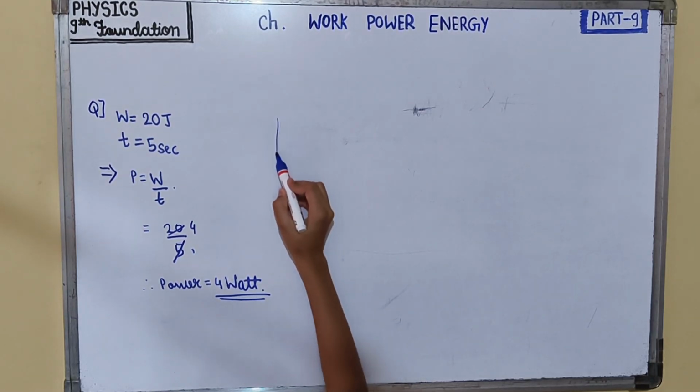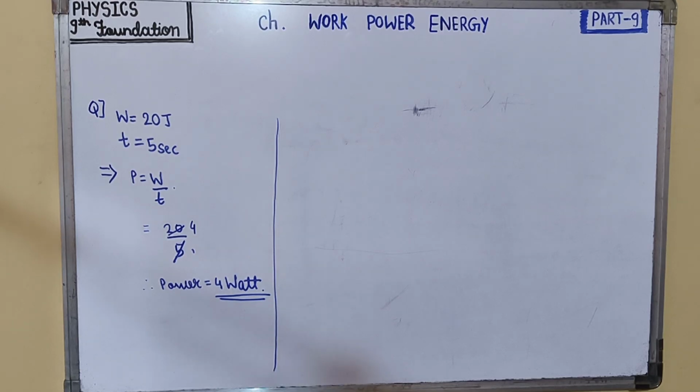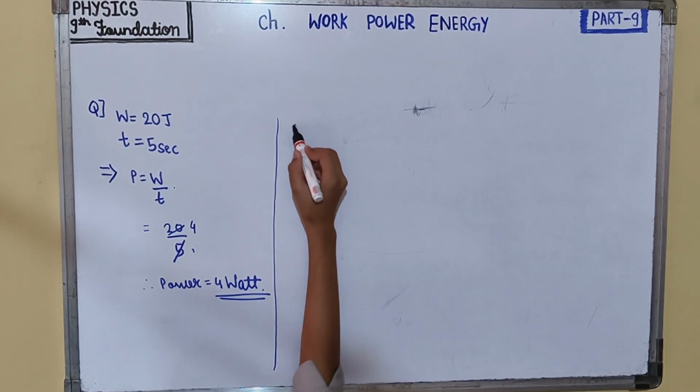Next question is, what is the power of a pump which takes 10 seconds to lift 1000 kg of water to a water tank situated at a height of 20 meter? Take acceleration due to gravity as 10 meter per second square.